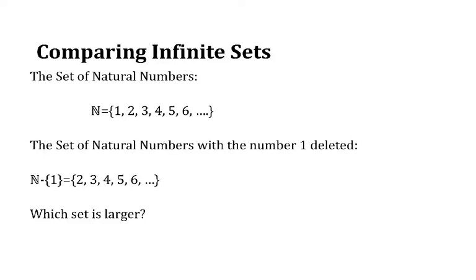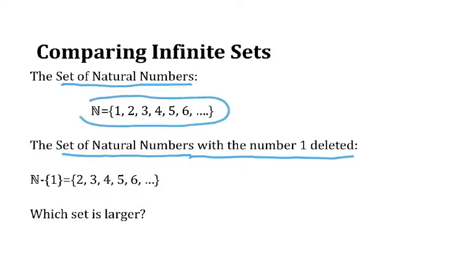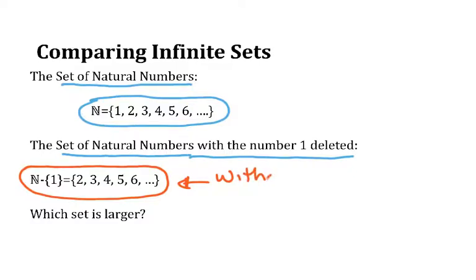Okay, so our first task is to compare the set of natural numbers to a different set, which is the set of natural numbers, but we took away the number 1. So here are the natural numbers, and here are the natural numbers without the number 1.